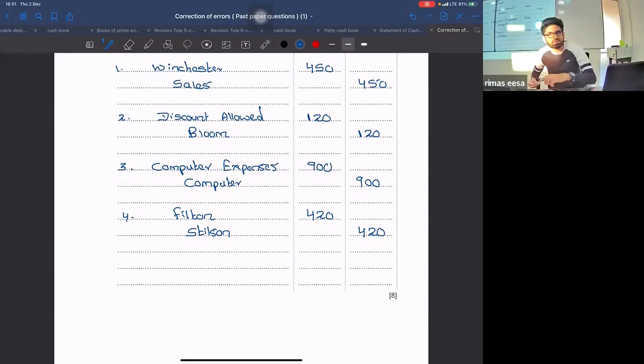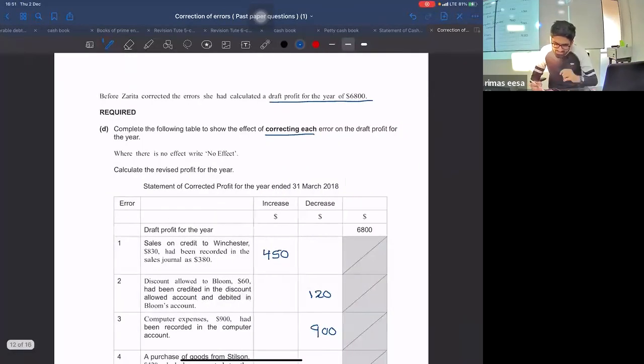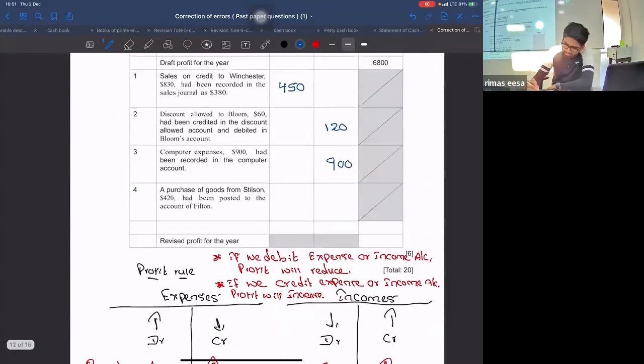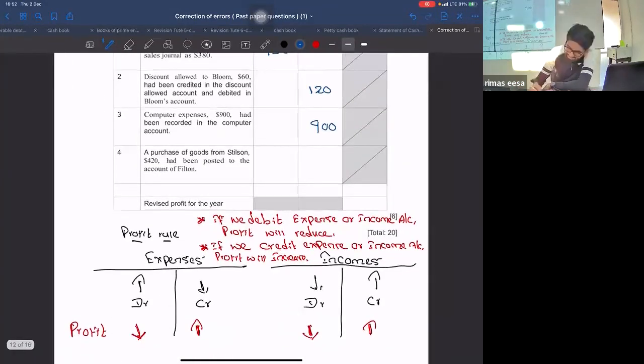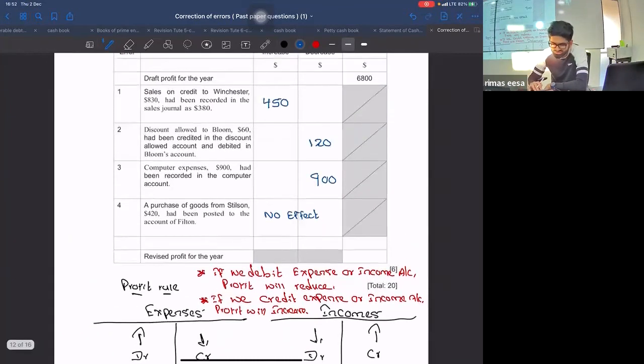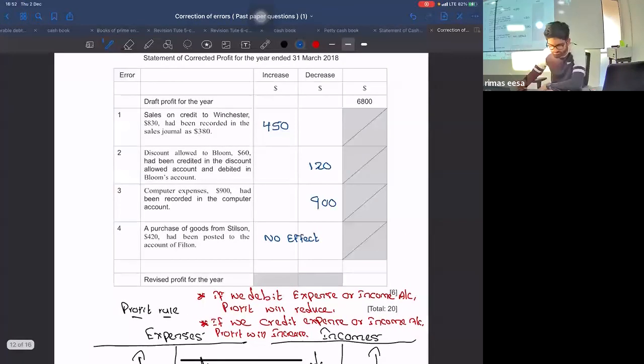So what will be the answer? No effect. When there is no effect, write no effect. So what will you write here? No effect. Either you can write it like this here, or you can write it in one column. Just say no effect. No problem at all. Up to you to decide how you want to write the no effect part.